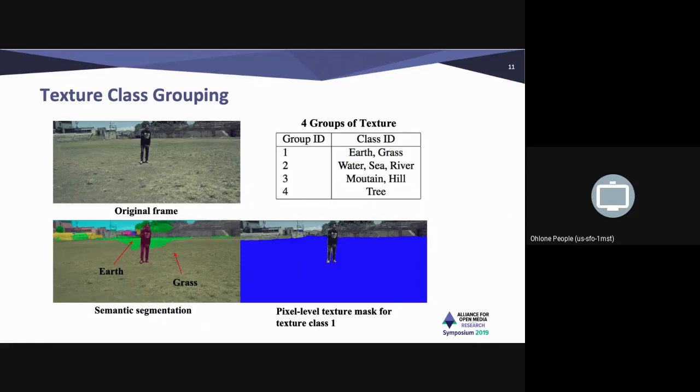But for coding, we would like to consider these as one region because they share a similar motion model, so we group them together. Other examples include the different types of water, mountains, hills, and trees, and so on. These are the four groups of textures that we're currently considering. And of course, depending on the type of dataset that becomes available to us, we're working on ways to expand this into more classes.